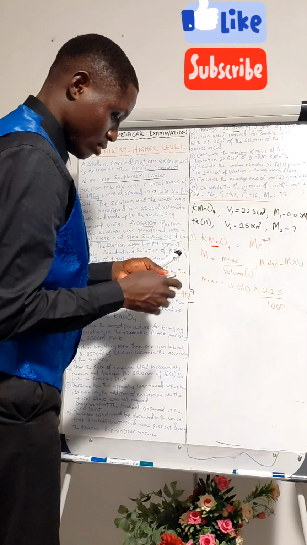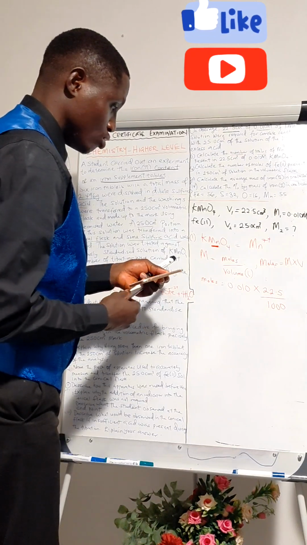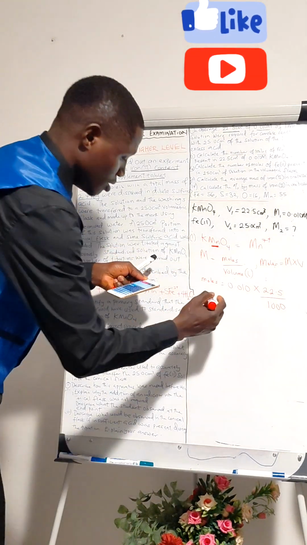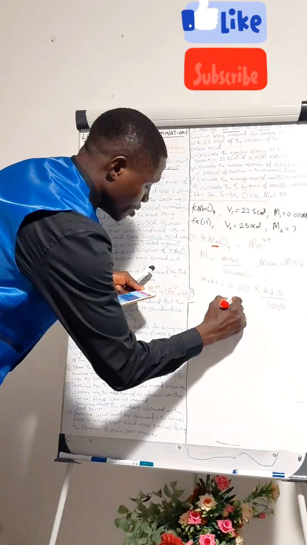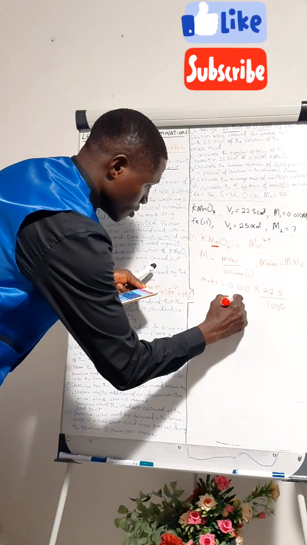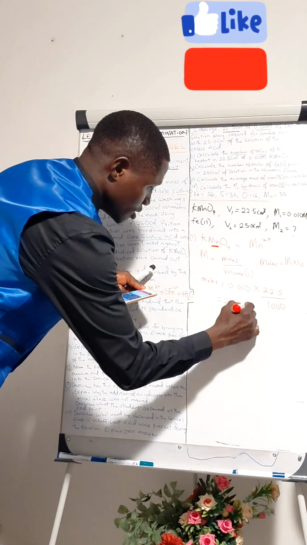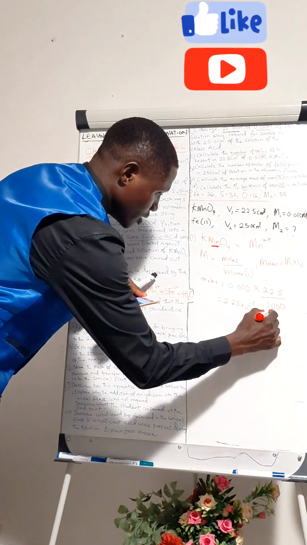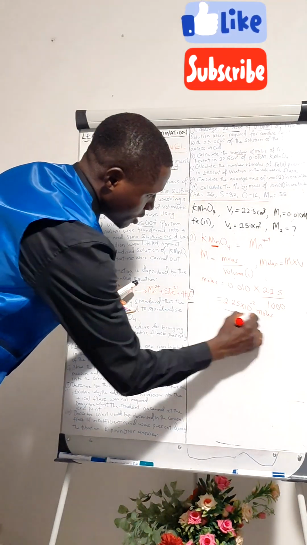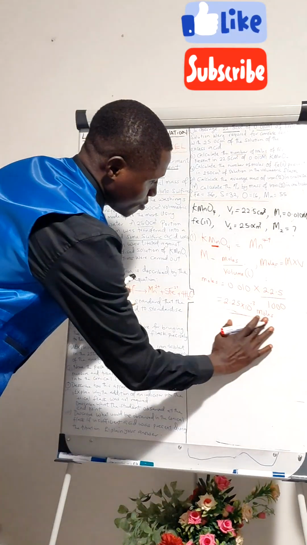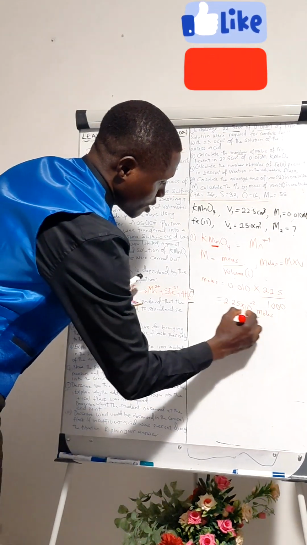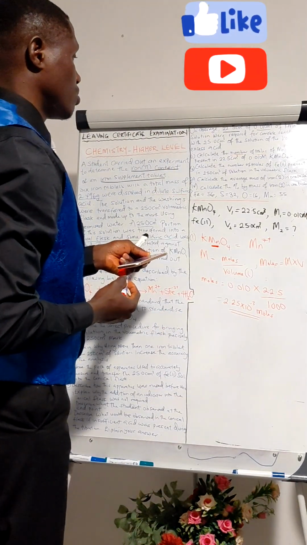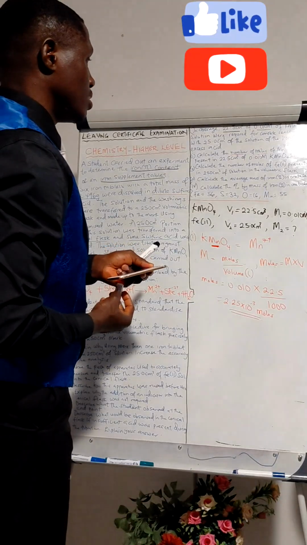You are having 2.25 times 10 raised to the power minus 3 moles. That is the number of moles. Don't forget, this is what we're asked to calculate. So it's not that far-fetched.